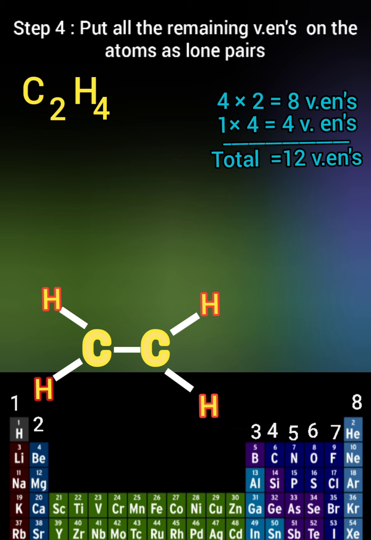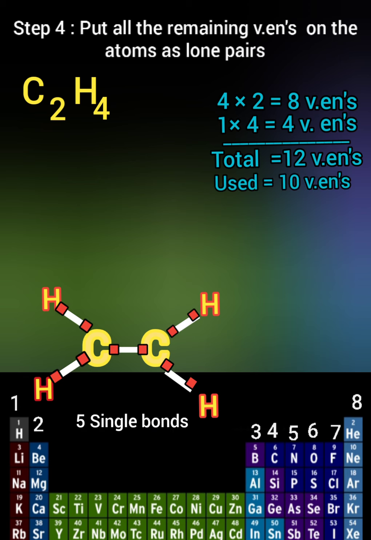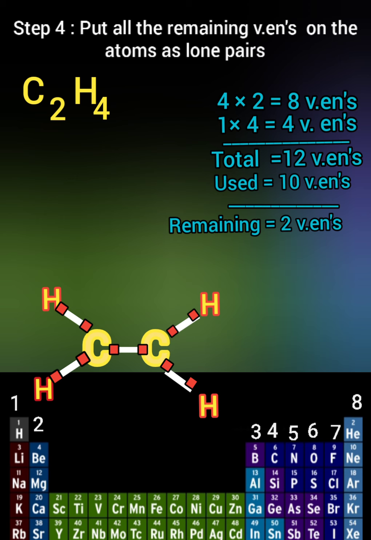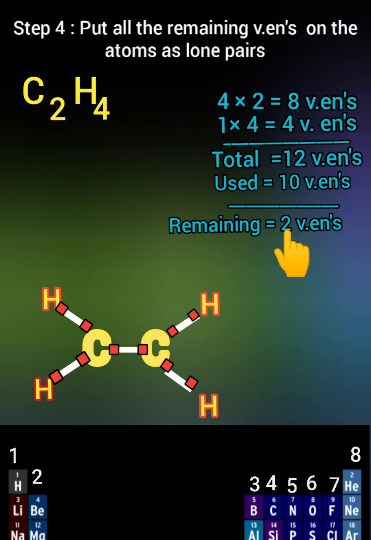We have used 10 valence electrons on the 5 single bonds. The remaining 2 valence electrons are here. Put all the remaining valence electrons on the atoms as lone pairs. Remember, never give hydrogen more than 2 electrons. We put those 2 remaining valence electrons on any one carbon of the two.